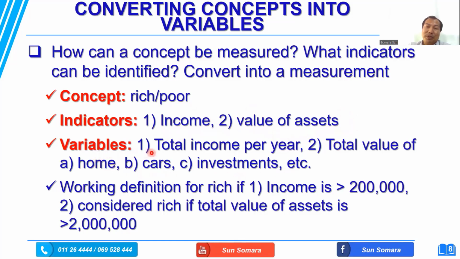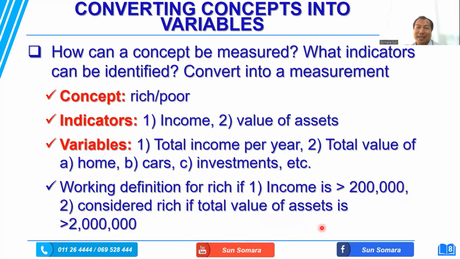How about variables? A variable can be total income per year, or total value of home, cars, investments, etc. So this is the variable. A working definition for rich could be, first, income much more than 200,000, or a total value of assets of more than 2 million US dollars, for example.